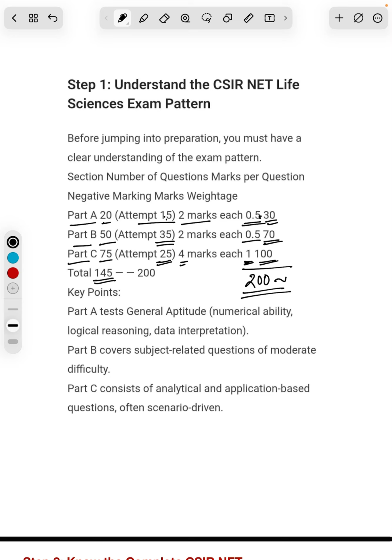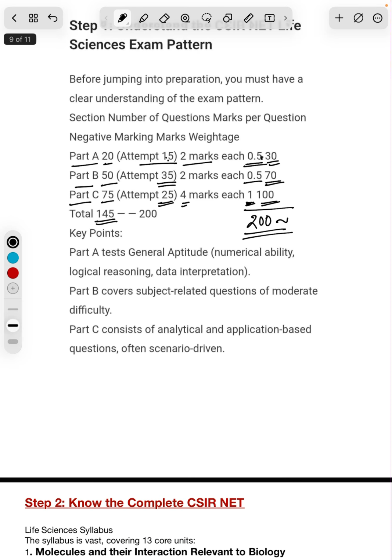Now the key point to remember is that Part A is general aptitude, which comprises mostly numerical questions, logical reasoning and data interpretation. Part A and Part B both are non-subjective parts.